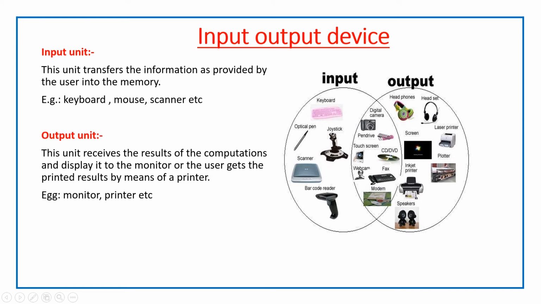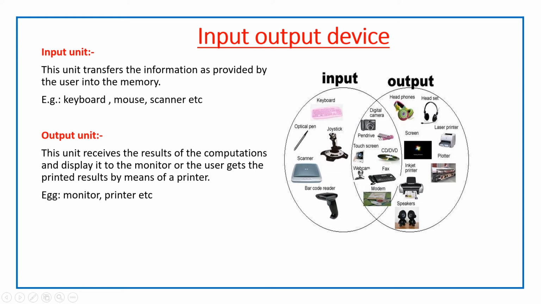Output unit. This unit receives the result of the computations and displays it on the monitor, or the user gets the printed results by means of a printer. Output unit is the unit by which we get the result. What type of result?